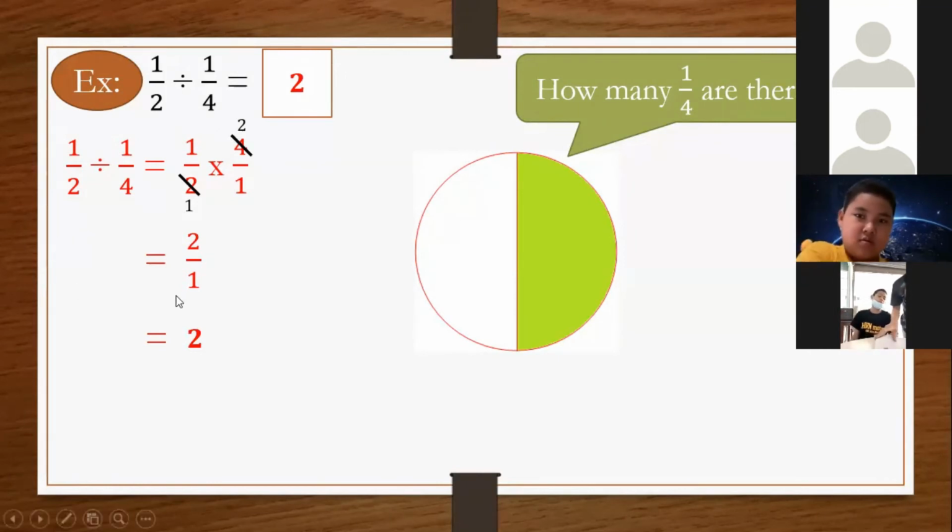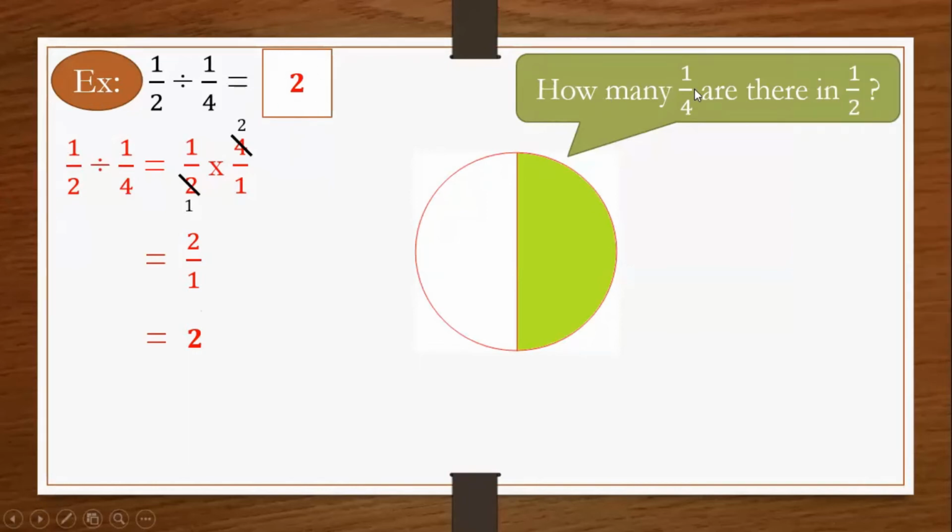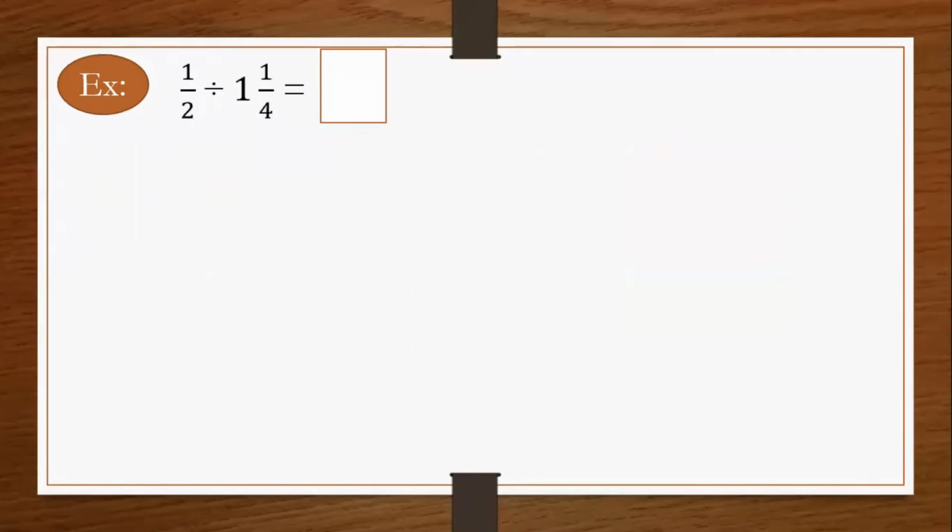Because if the denominator of a fraction is 1, meaning the final answer will be a whole number. How many 1 over 4 are there in 1 over 2? The answer is 2.